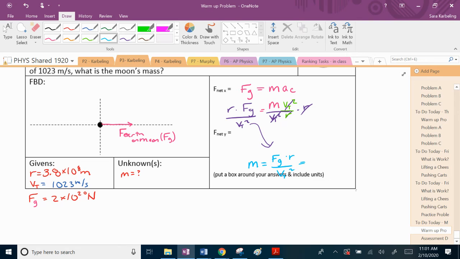It should be big. But the mass of the Earth is like 10 to the 26th, I think, right? So, you know, it's pretty small relative. It's all dependent. All relative.